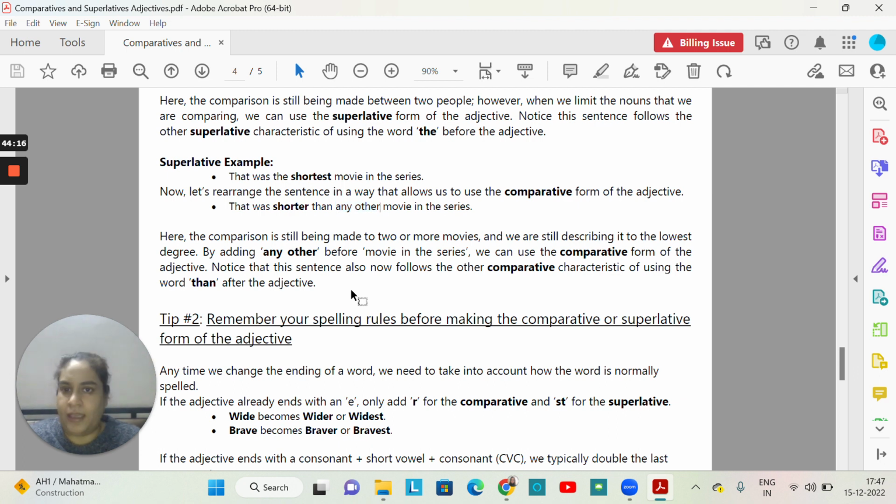So I instantly remove it from the superlative format and it becomes a comparative format. Notice that this sentence also now follows the comparative characteristic of using than. Even here, because it's comparative, my than will still come. Because I've done shorter and than. The rules will not change. If you're framing a comparative adjective, after the comparative adjective, than will come. If it's a superlative adjective, the will come before that. Those rules will not change.